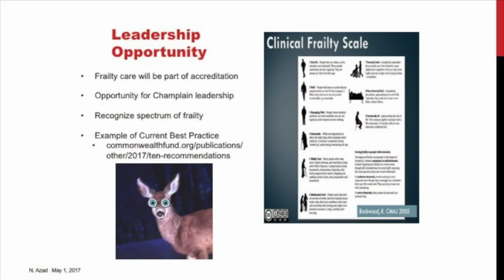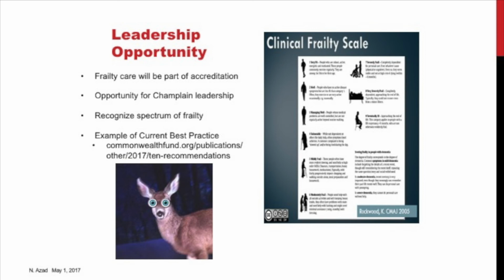So what does it look like? It's like a deer in the headlights, it's coming. We have to be in a position to know that this group of patients, moderate to severe frail, are coming, they're going to be in our hospital, they're going to occupy our beds.